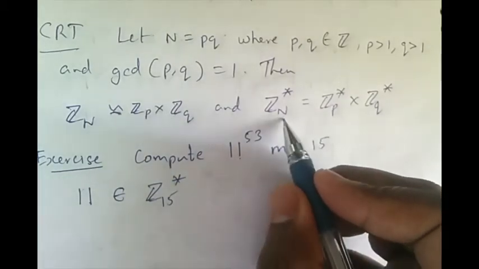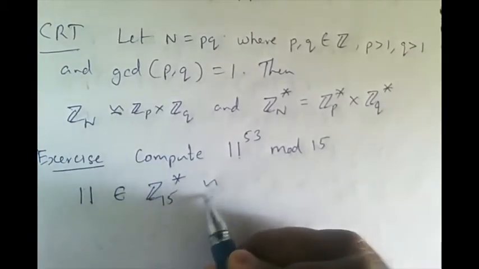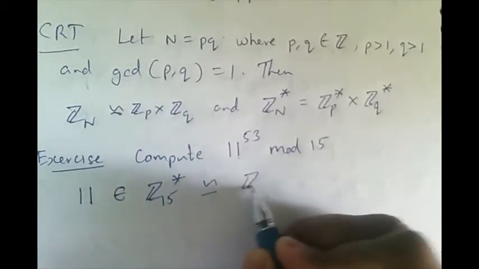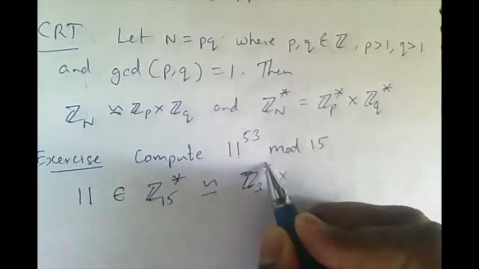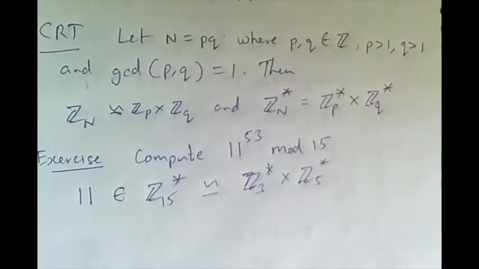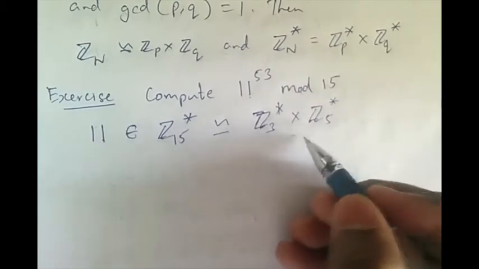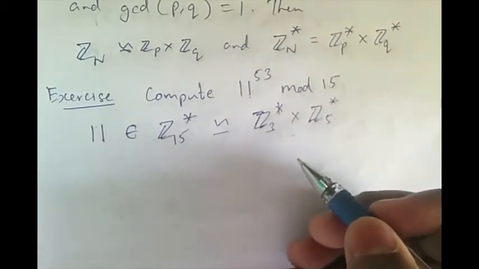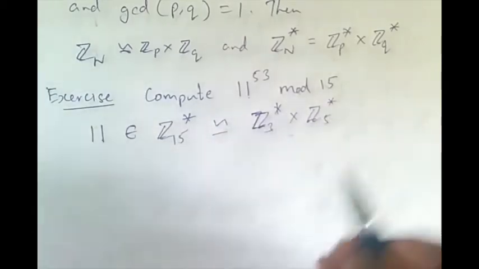And we know that Z15 star is isomorphic to Z3 star cross Z5 star. So maybe I can do operations in this group here. Maybe it will turn out that doing operations in this group is easier.